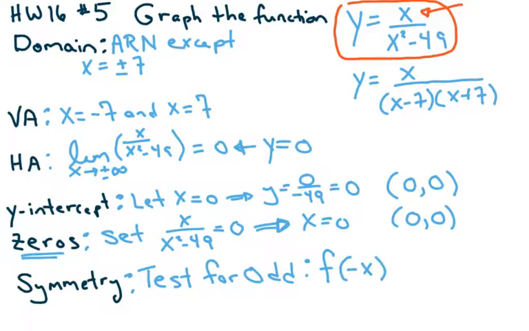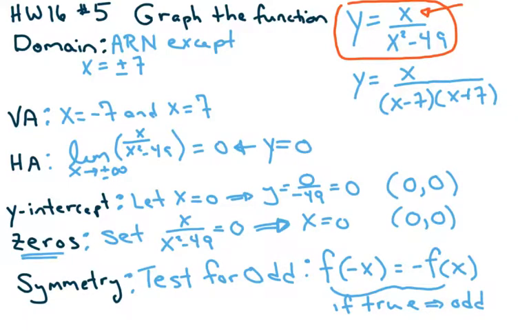Basically, we plug in negative x, and if that equals the negative of f of x, if this is true, then we have an odd function. So let's do that test. So I will write f of x equals x over x squared minus 49.